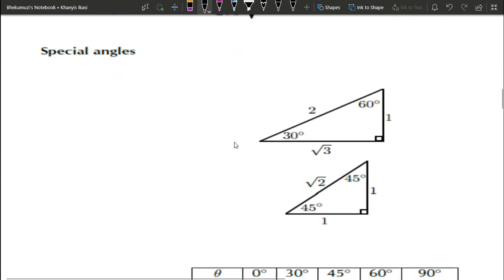So let's introduce what we call special angles, or what we also know as the special triangles. We only have two of them. The first one has 30 and 60 degrees, with sides 2, square root 3 and 1, and then we also have the 45-degree special triangle, and this will give you square root 2 as the hypotenuse and equal sides of 1 and 1, right?